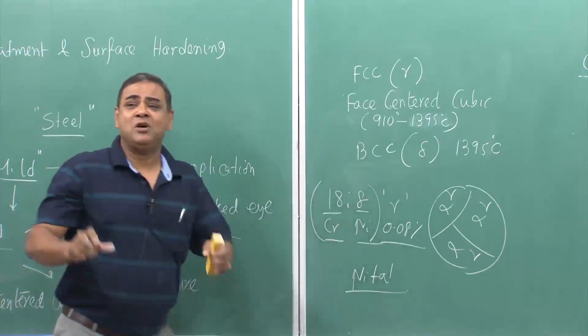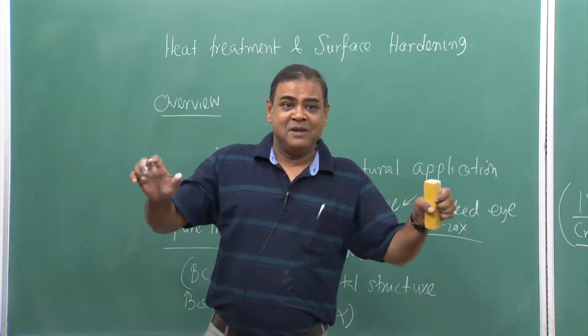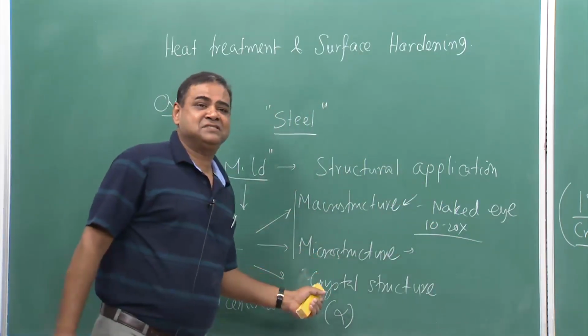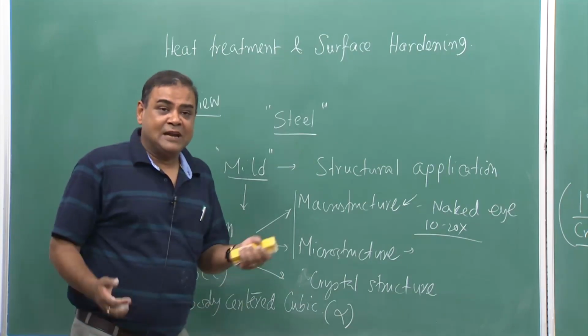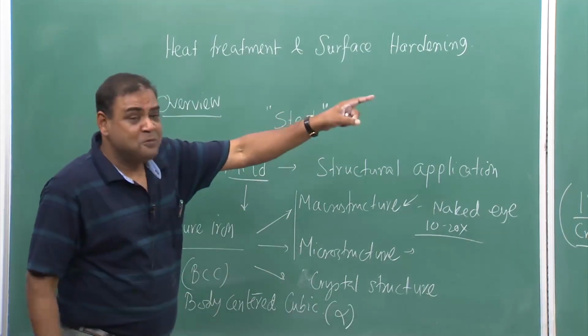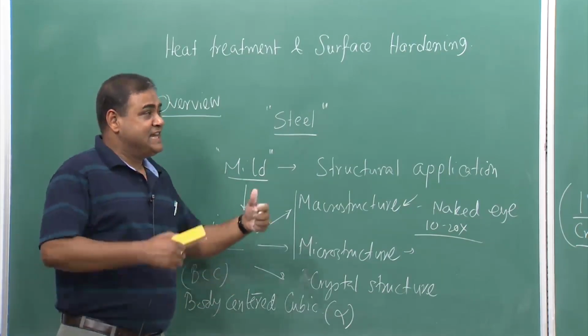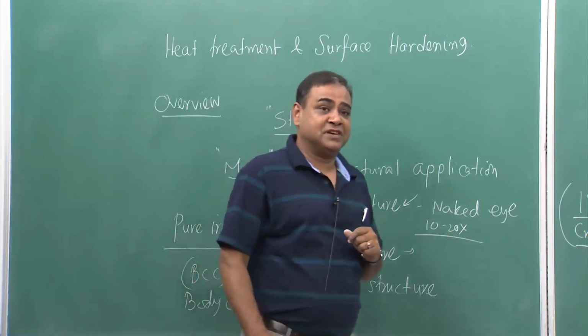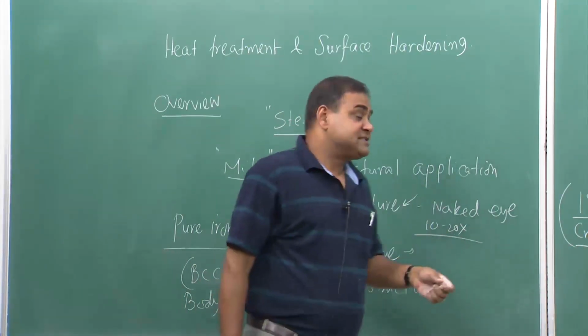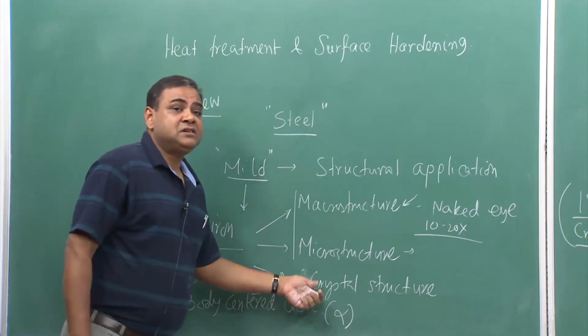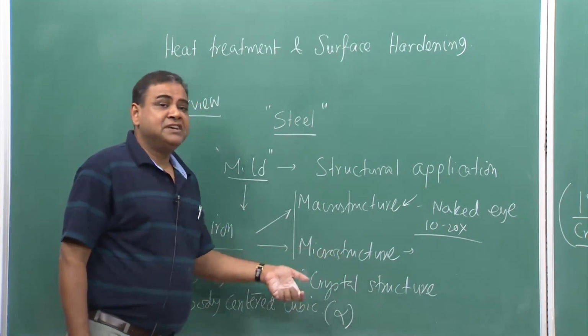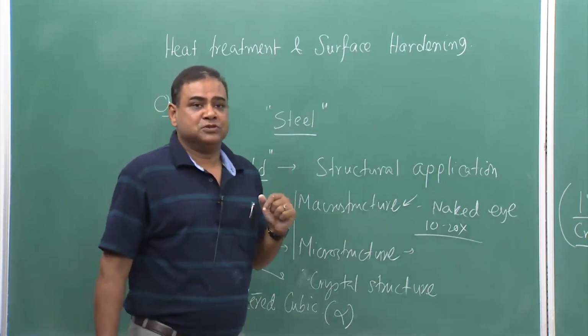So, the microstructure almost remains the same, but the crystal structure changes from alpha to gamma. So, that means the composition is one factor, and there is one factor which is intricately associated with the composition, that is called structure, and that structure could be crystal structure or microstructure. We can change both depending on the change in composition.